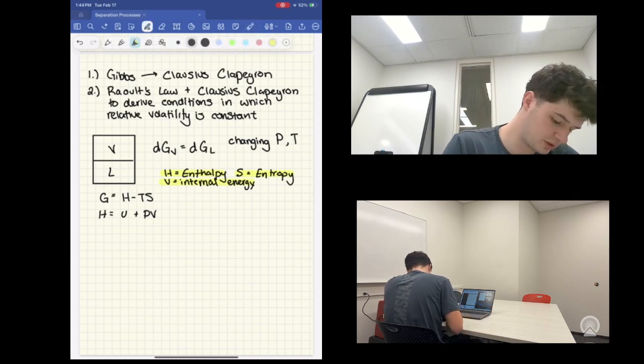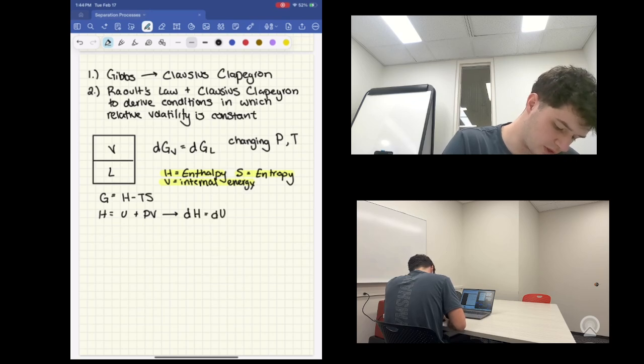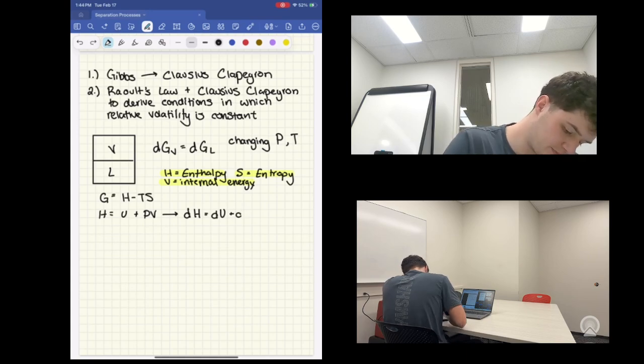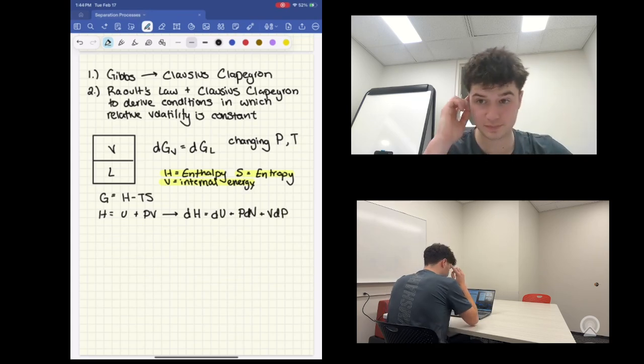So, first we're going to take this, and we are going to differentiate it. So you have dH equals dU, and then with the product rule it becomes P dV plus V dP.